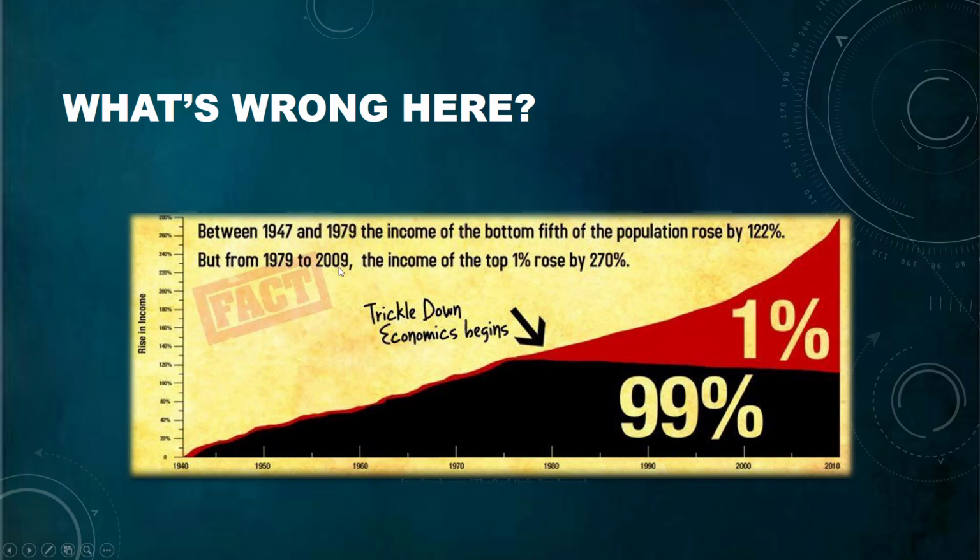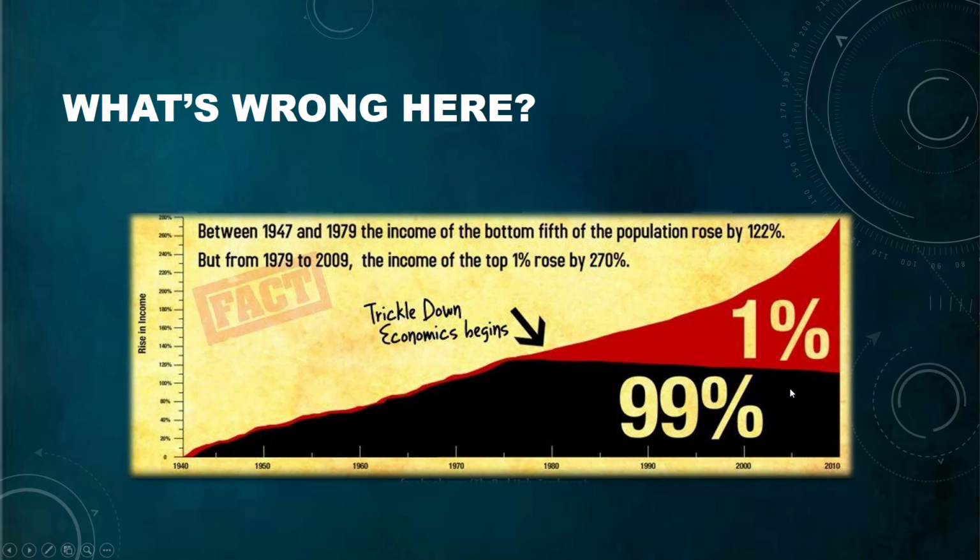So we're not comparing the same size interval. Then we're talking about the bottom fifth of the population, and then the top 1%. There's nothing here that shows the bottom fifth of the population. So this number and this statistic, bottom fifth of the population rose by 122%, aren't here anywhere, right?